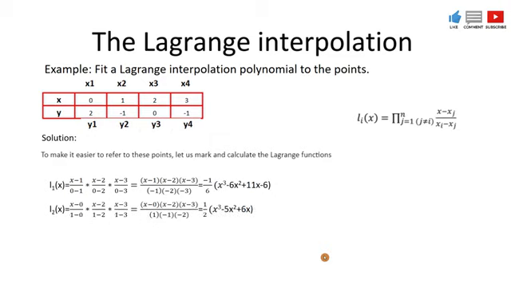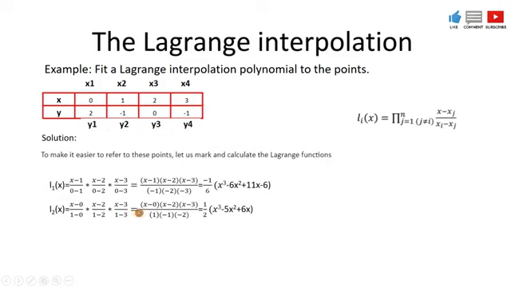For the second one, this time x2 will be fixed. So x minus 0 over 1 minus 0, multiplied by x minus 2 over 1 minus 2, multiplied by x minus 3 over 1 minus 3.